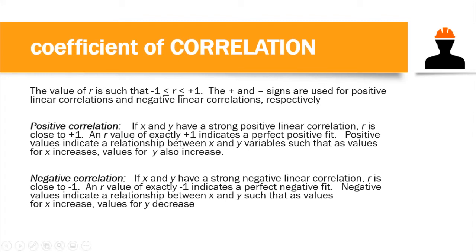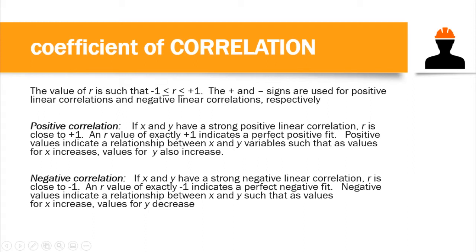Now, positive values indicate a relationship between x and y values such that as values of x increase, values of y also increase. So positive correlation means if x increases, the variable y also increases. Negative correlation means they are opposite in direction: if x increases, y decreases.